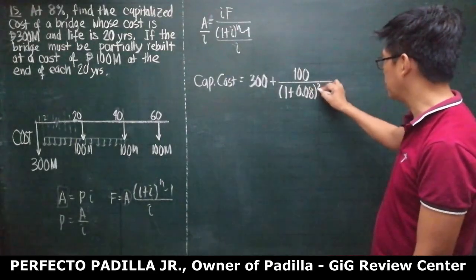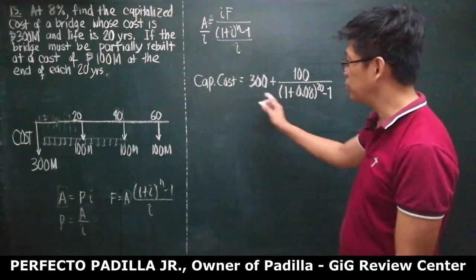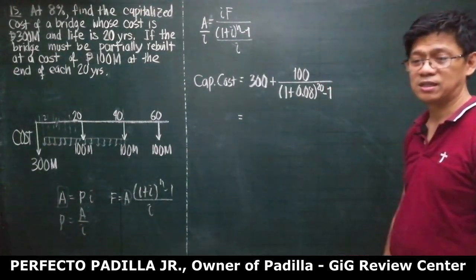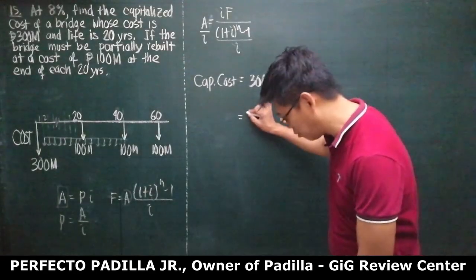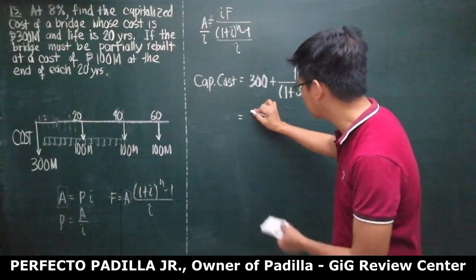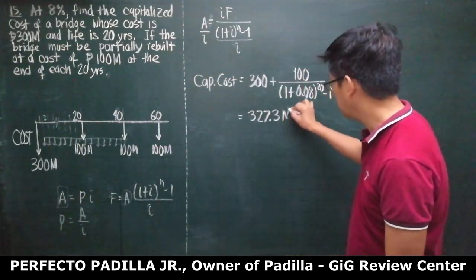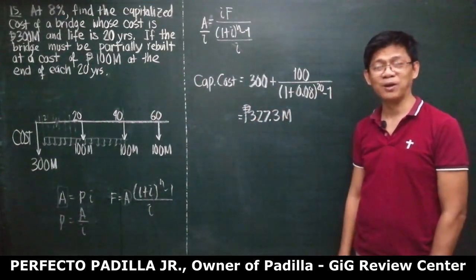So, raised to 20 minus 1. You just compute this and you'll get your capitalized cost. Maliwanag? So, pagka kwinenta mo to, what you will have will be 327.3 million pesos. Kuha niya? Maliwanag.